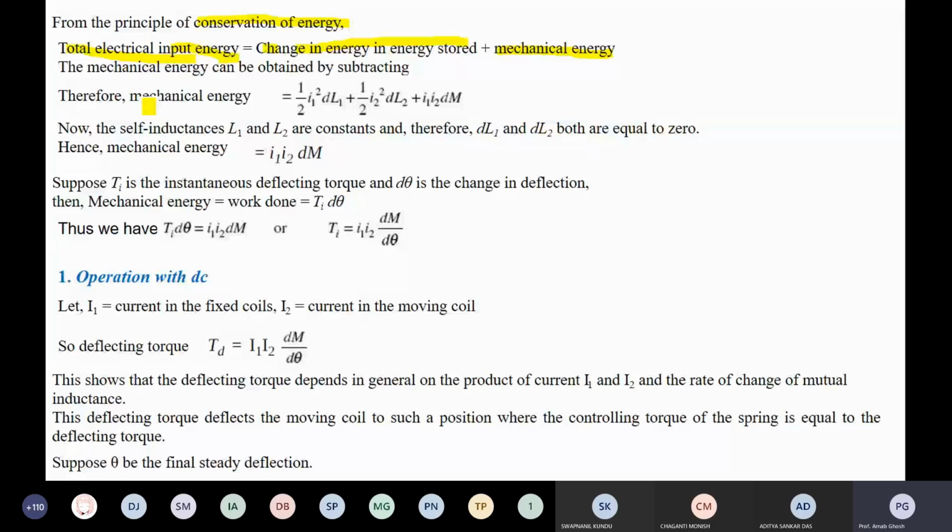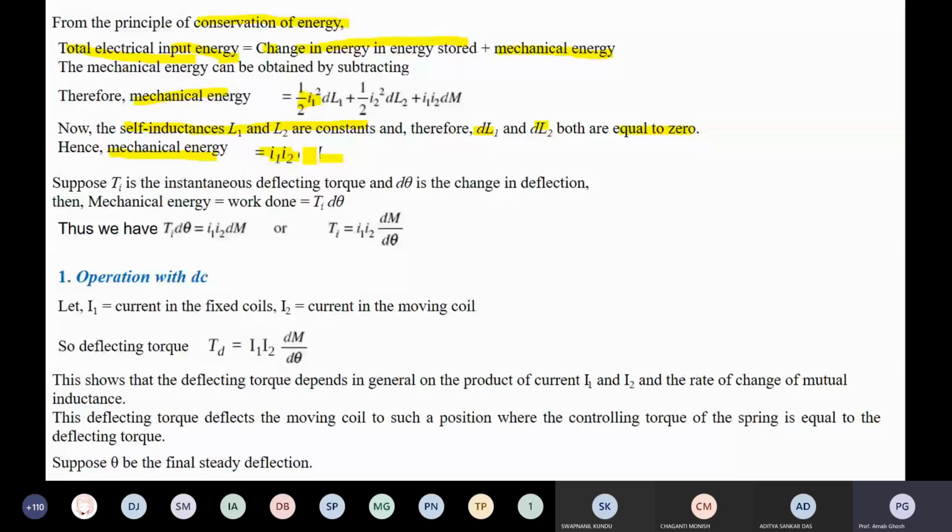So it is half I1 square dL1 plus half I2 square dL2 plus I1 I2 dM. The self inductances L1 and L2 are constant, so dL1 and dL2 will both be 0. So finally the mechanical energy is I1 I2 into dM. This is the final expression.